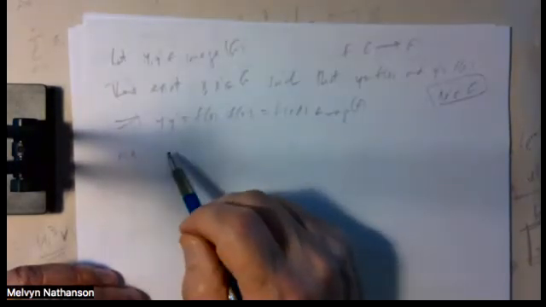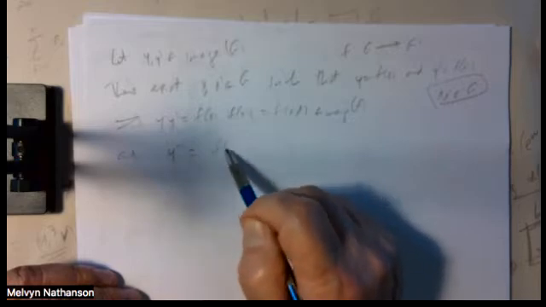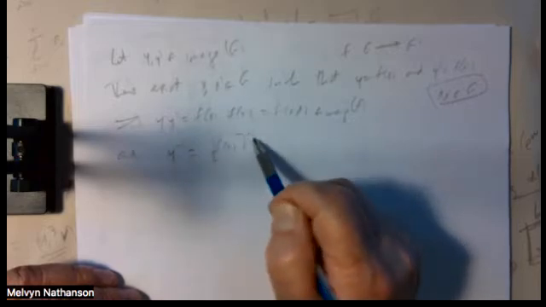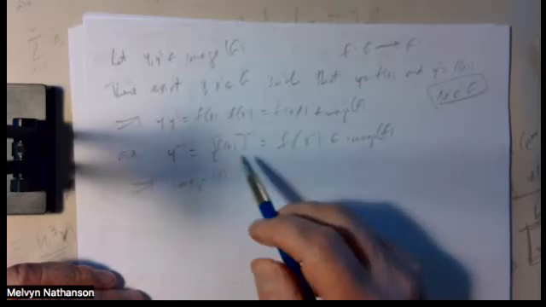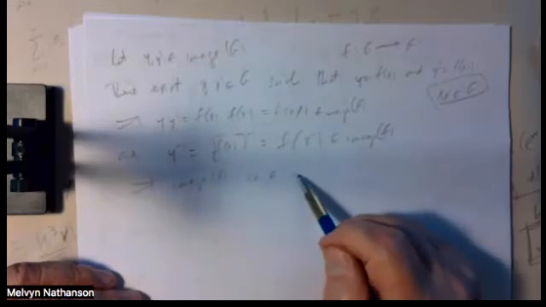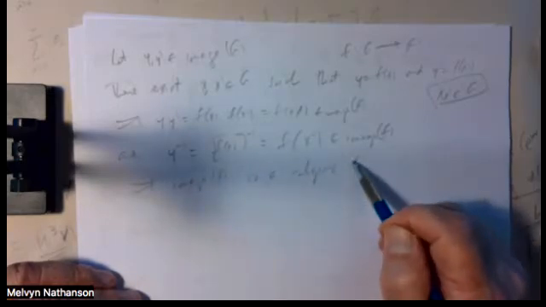And y inverse is f of x inverse, so this is also in the image of f. So the image of f is a subgroup of G prime. It's closed under multiplication and taking inverses.